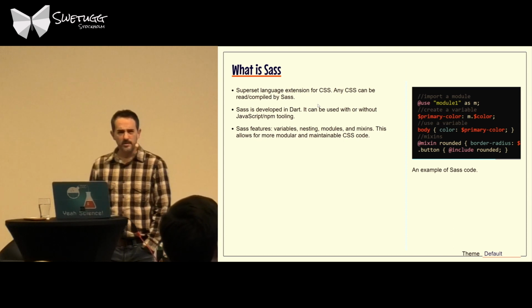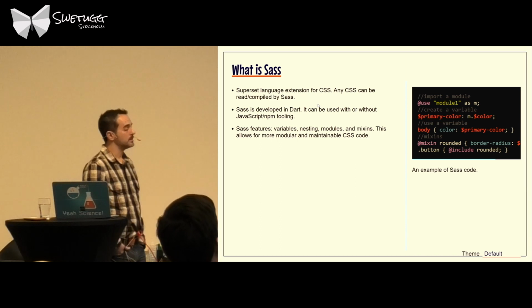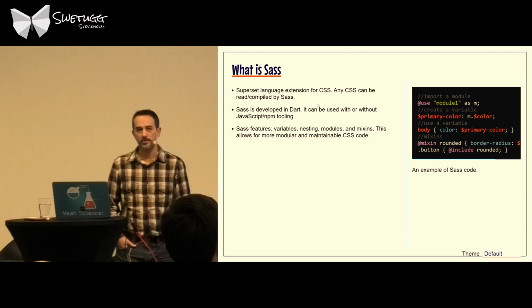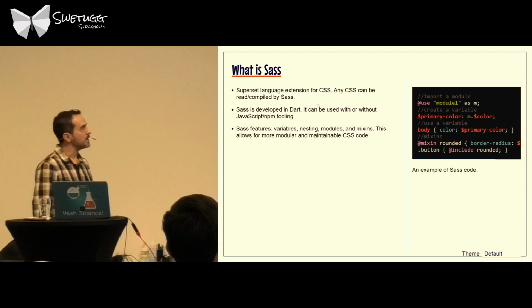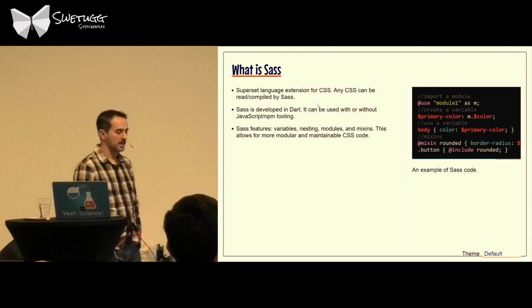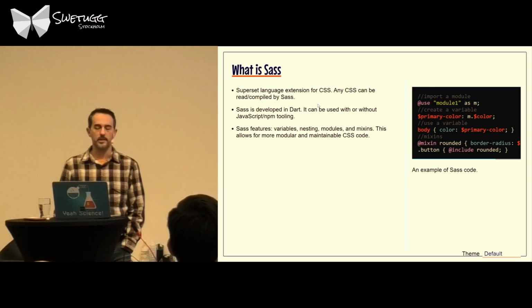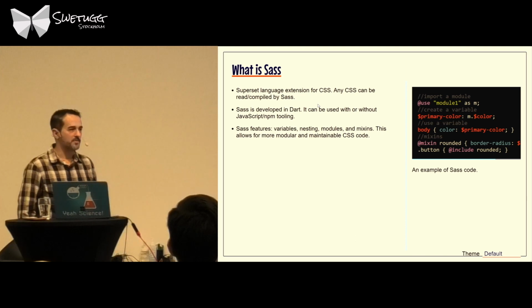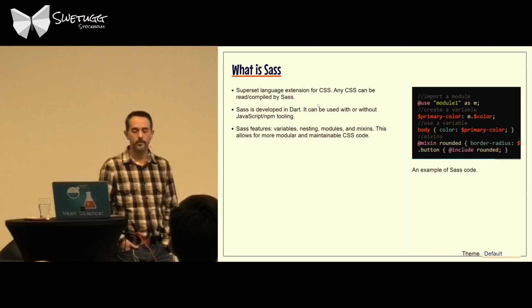It was originally developed as a Ruby application. So you compile your Sass into CSS code, and the compiler was written in Ruby, and that was one of its weaknesses for a while. It was kind of slow because it was written in Ruby. And over the years, they've migrated this to run on Dart, which is much, much faster than Ruby.